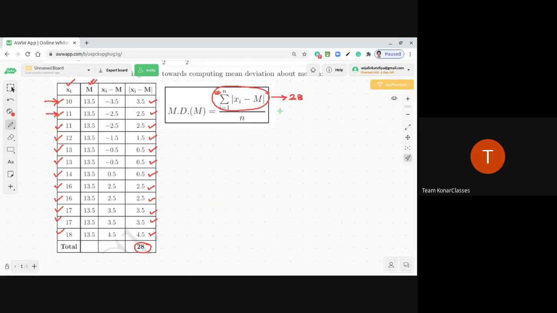And what is the value of n? The value of n is equal to 12, because the data set contains 12 different values. So the mean deviation about the median is nothing but 28 by 12, and if you compute it, dear students, it comes to 2.33.